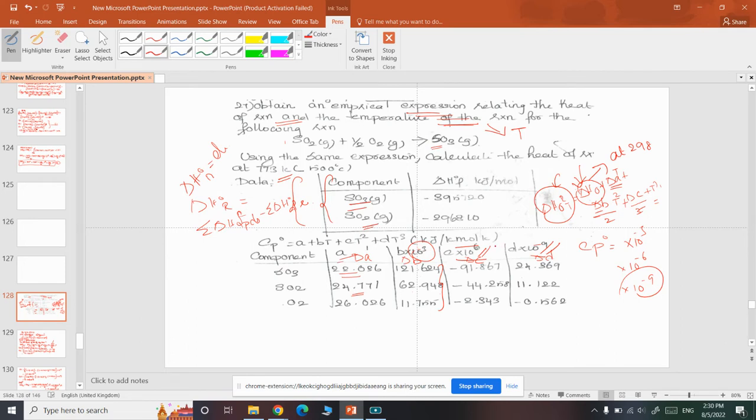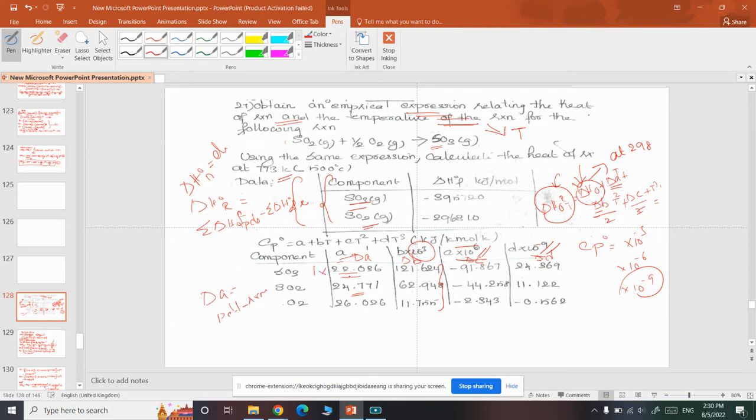Already we have seen that when the Cp naught value is being taken. In the same way, del A will be of products minus reactants. But when you are doing products minus reactants, you should multiply with the number of moles. For example, here SO3 number of moles is 1.